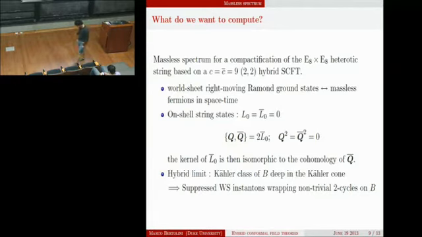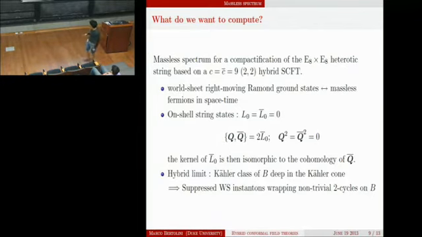Another important point is that one might expect contributions from worldsheet instantons wrapping non-trivial 2-cycles on the base. To avoid such troubles, we put ourselves in an analogous limit, a kind of large radius limit that we call the hybrid limit.